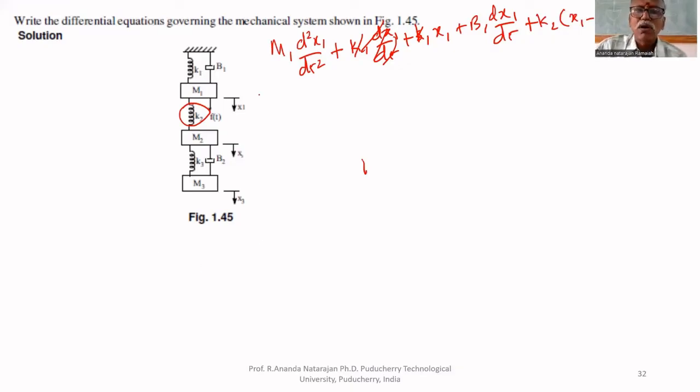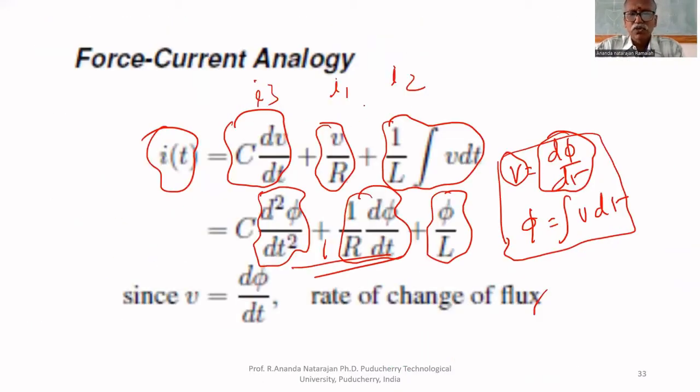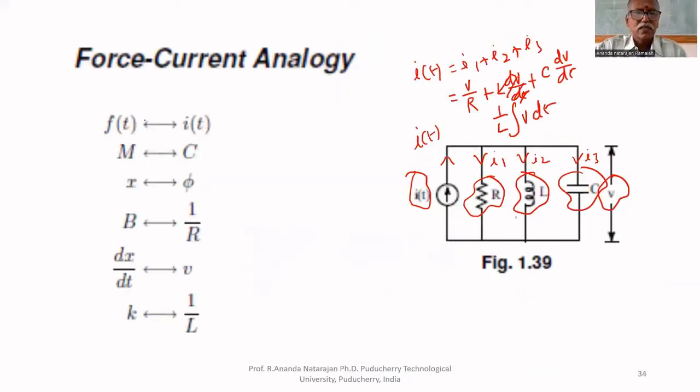So now we can write in terms of the force current analogy. Force current analogy: M is identical to C. X is identical to flux.